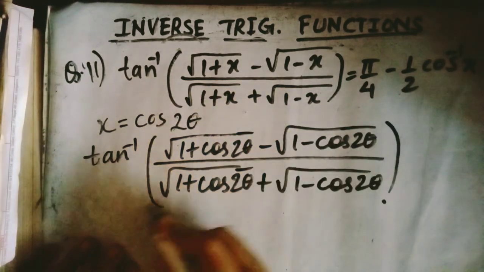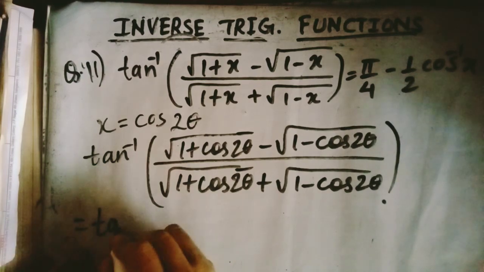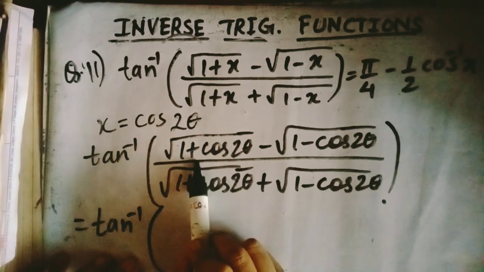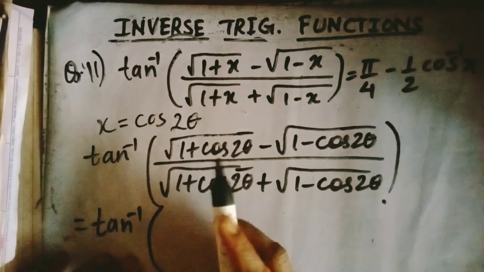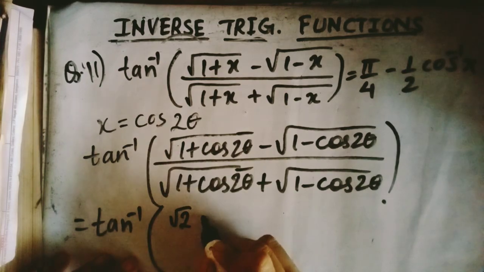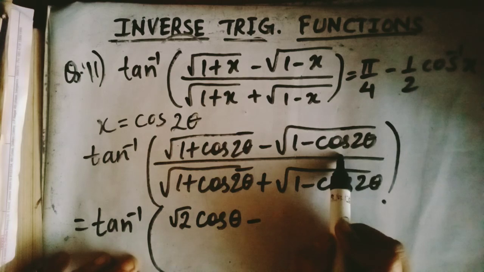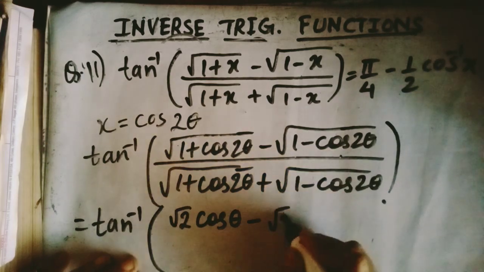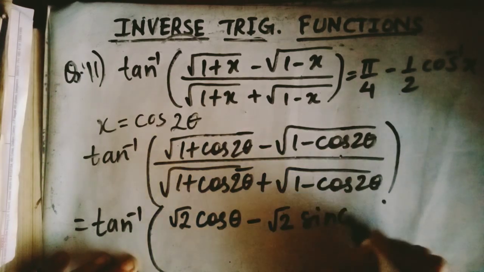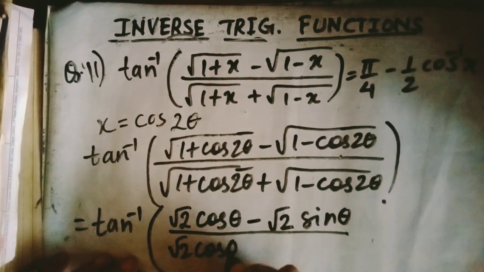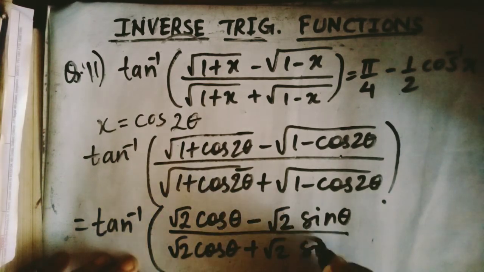Okay, so using the trigonometric identities, this is your 2 cos square theta. So removing the root, you will get root 2 cos theta minus, this is 2 sin square theta, so root 2 sin theta, upon root 2 cos theta plus root 2 sin theta.